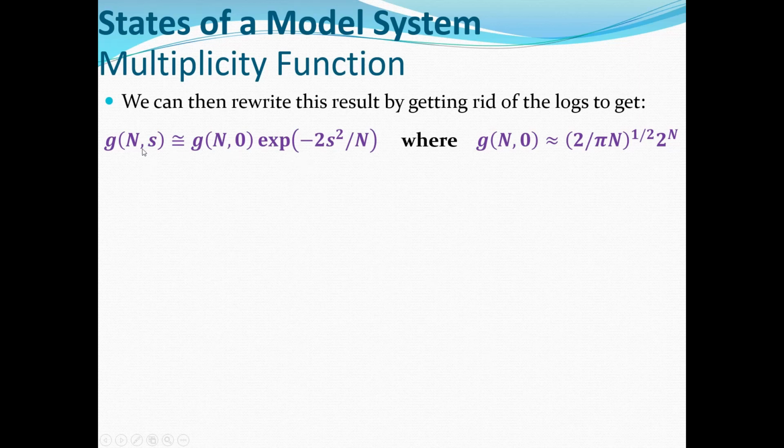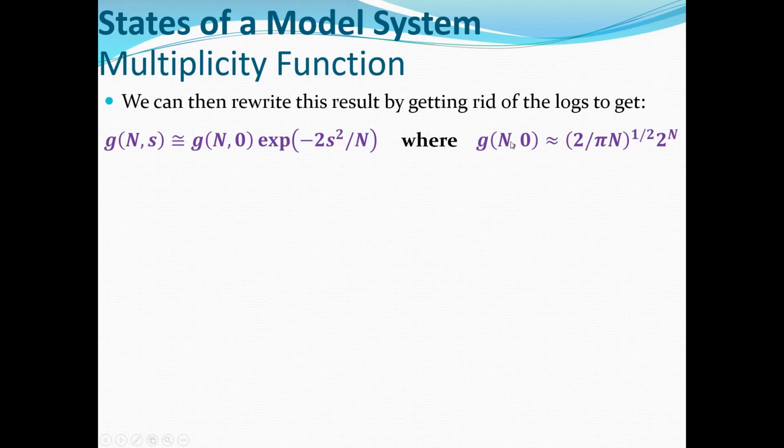So our multiplicity function can be simplified to being this term, g(n, 0), times e to the negative 2s squared over n, where this term is going to be equal to this junk right here.